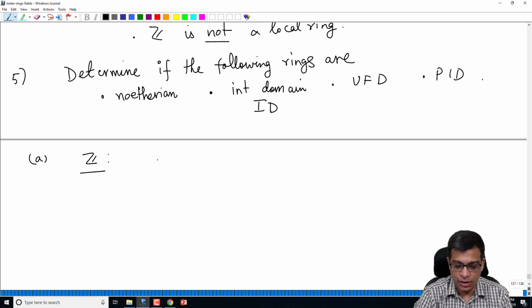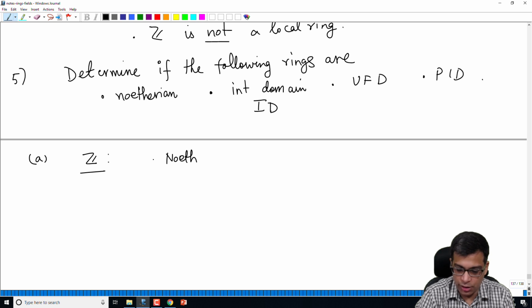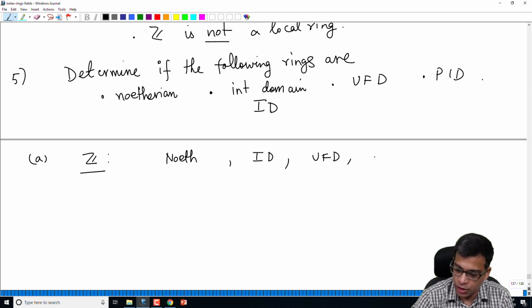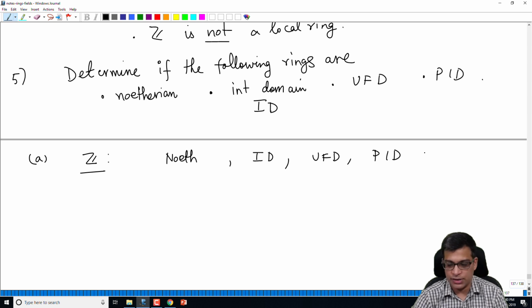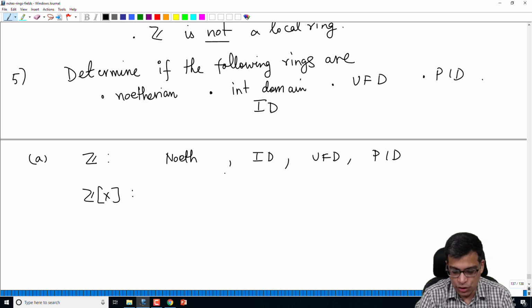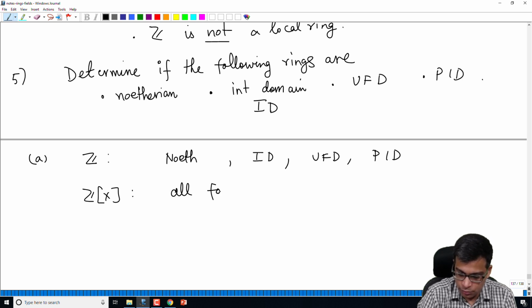Z, so Noetherian, yes. Integral domain also yes, because this is our first example of an integral domain. We have shown that it is a PID, so hence it's a UFD. So it has all the properties. If you take Z[x], this also has all 4 properties.